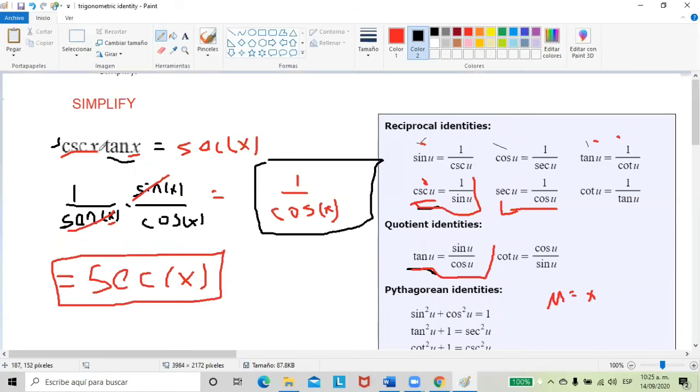And instead of writing tangent, we write the equivalent, sine of x over cosine of x. Now that we have this, we can simplify. If you multiply this by this, you eliminate this one, and you stay only with 1 over cosine of x.